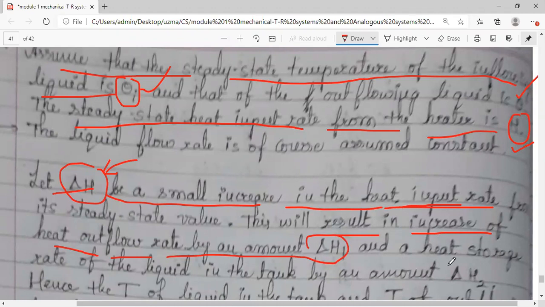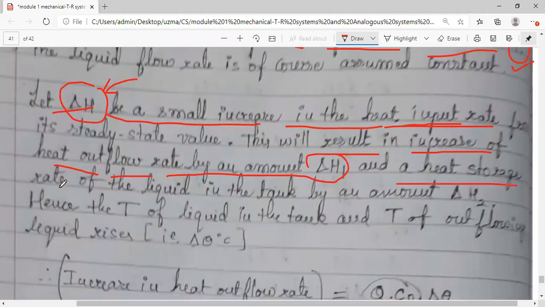And second, the heat storage rate of the liquid inside the tank will increase by an amount delta H2. So delta H1 and delta H2, these two parameters will increase.